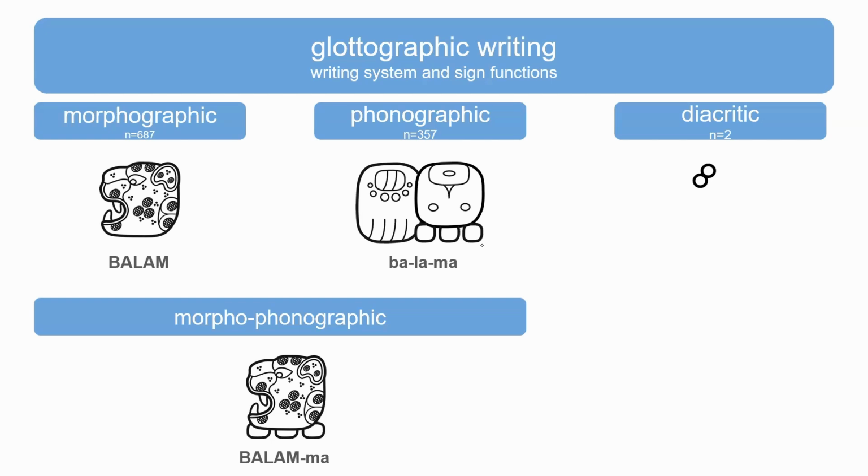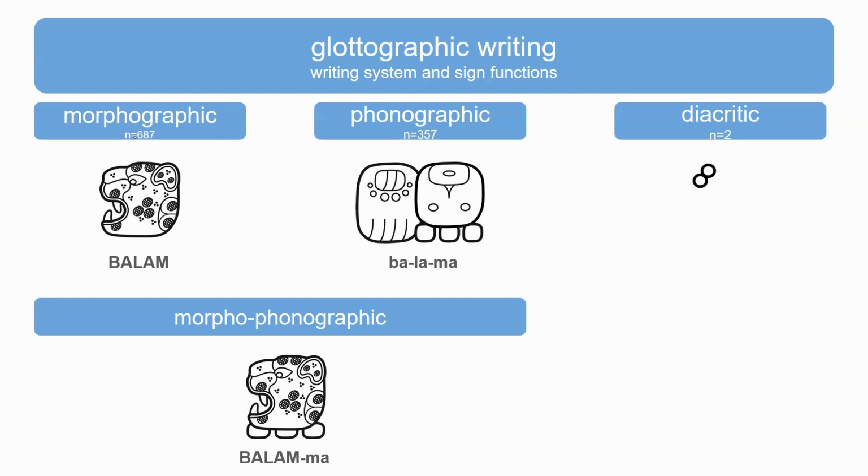Then there are phonographic signs representing syllables, CV syllables. At the moment, we know 357 graphs, not signs, that represent syllables, and 687 graphs representing logographs. For example, the word for Balaam can be written simply with one morphograph. It can be rendered with three syllables.